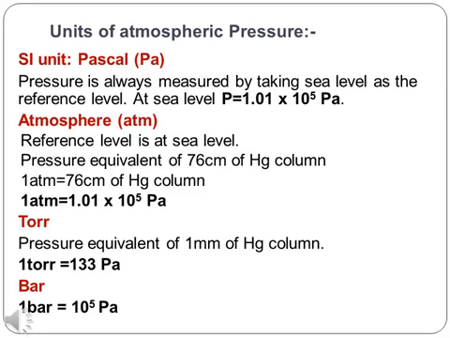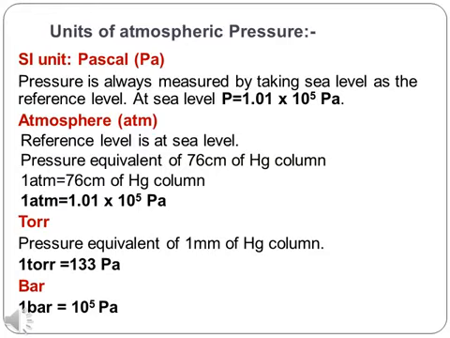The next unit of atmospheric pressure is atmosphere. 1 atmosphere is equal to 76 centimeters of Hg at sea level. Here also we have used sea level as the reference level. 1 atmosphere is the pressure equivalent to a 76 centimeter mercury column.